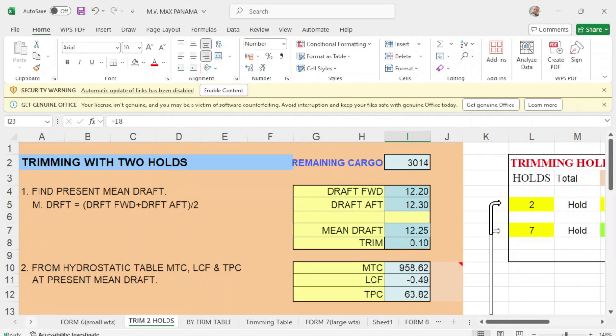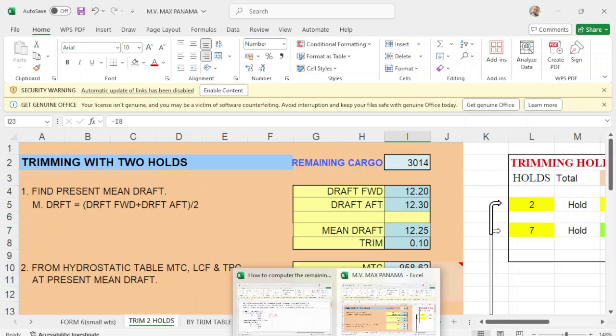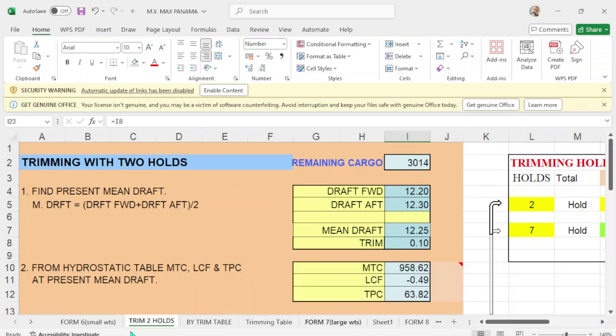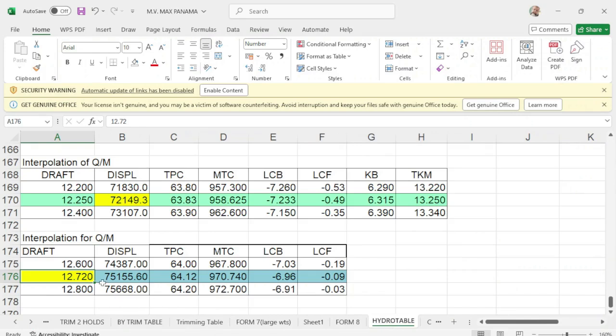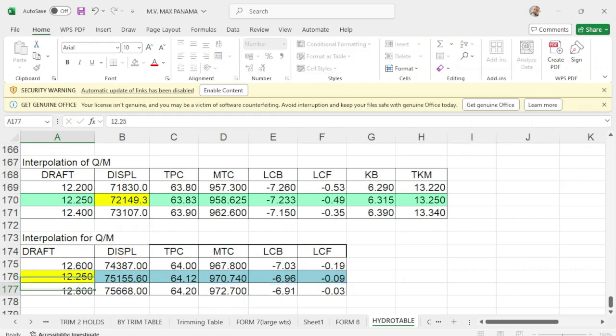This is number 1. And number 2, from the hydrostatic table, take the figures equivalent to MTC, LCF, and TPC at present mean drop. So your present mean drop is 12.25. You go to the hydrostatic table, then you put here 12.25.